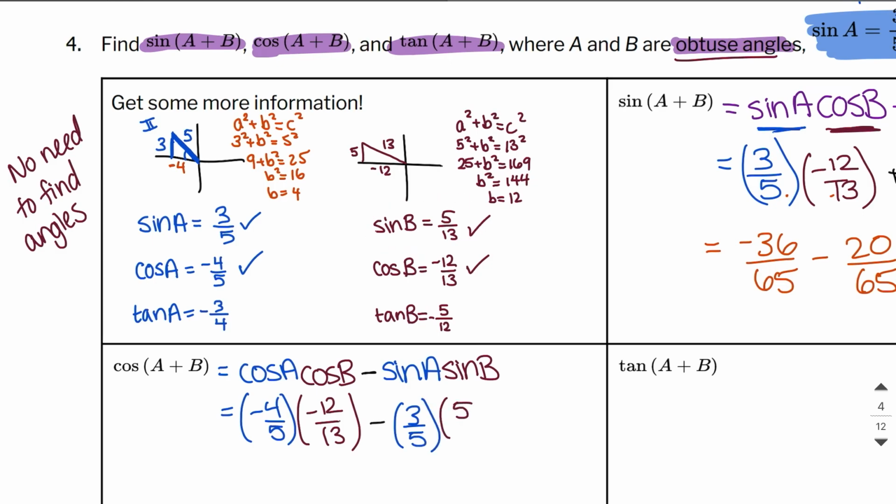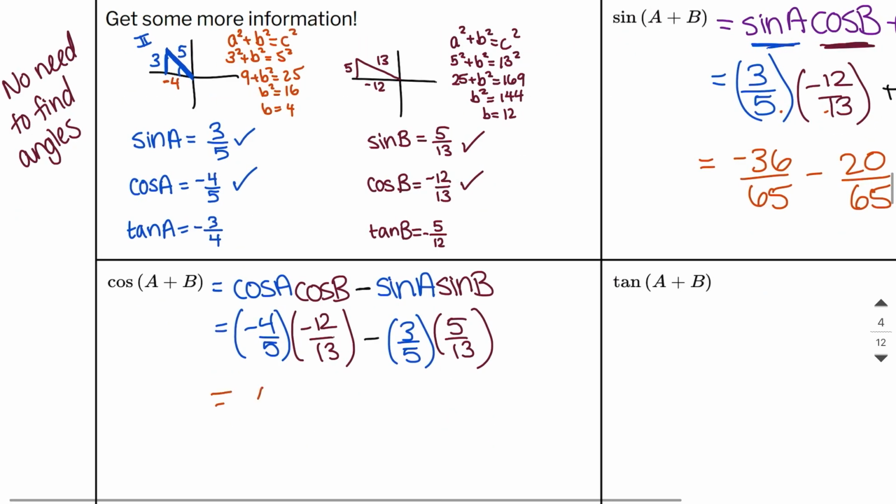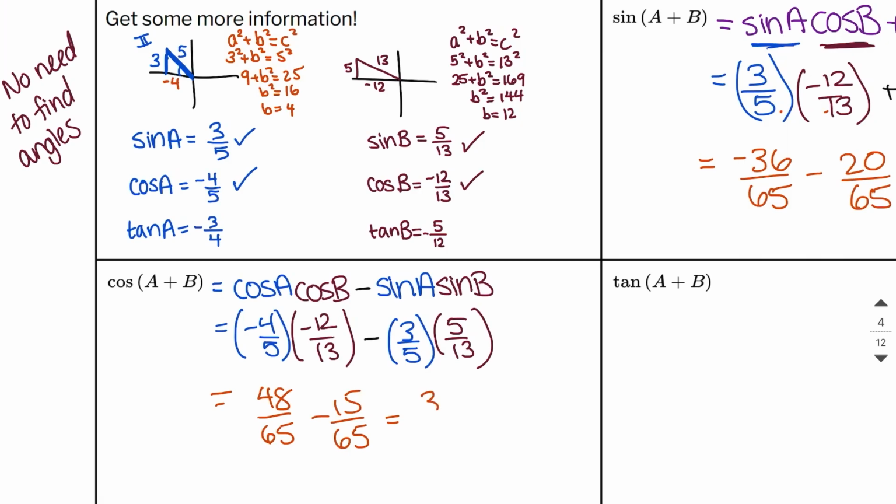So let's go ahead and evaluate this. When I multiply across, I get 48 over 65 minus 15 over 65. When I put the 48 and the -15 together, I get 33 over 65. I can't reduce this anymore. So this is what cosine of A plus B should be.